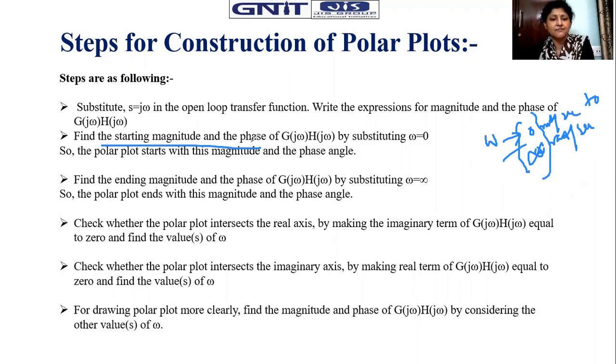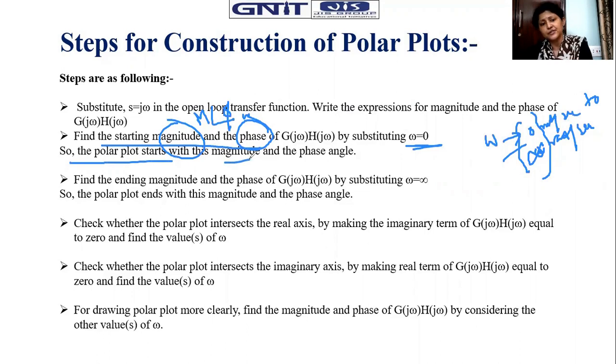So what is the starting magnitude and phase? Because it is varying with respect to omega, we have to fit omega equals 0. Then we can say that the polar plot is starting from omega equals 0.